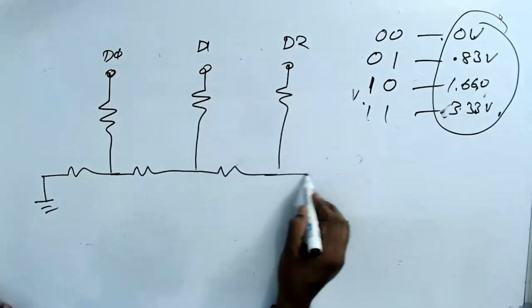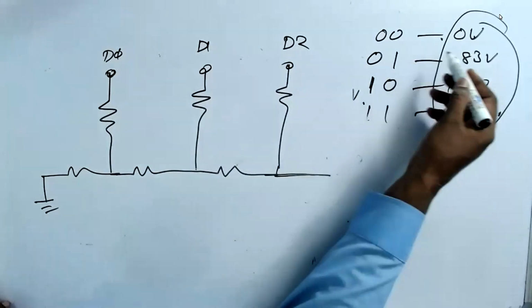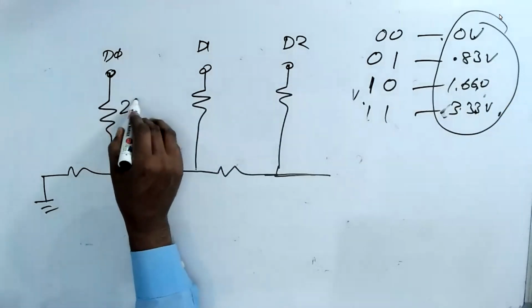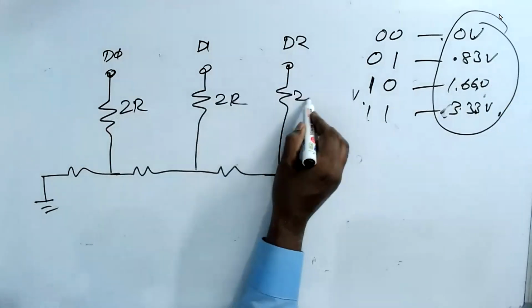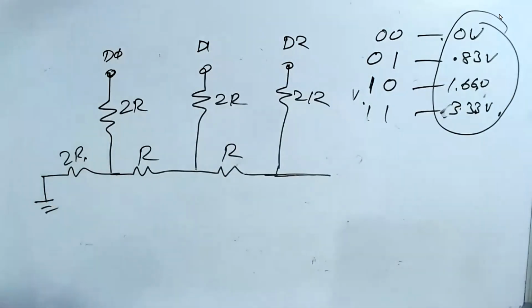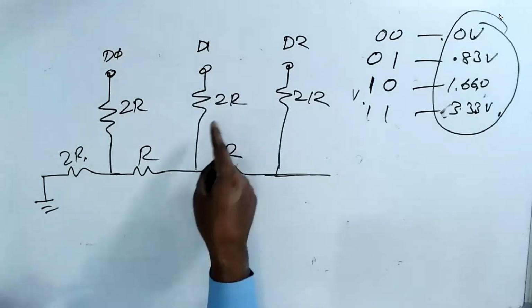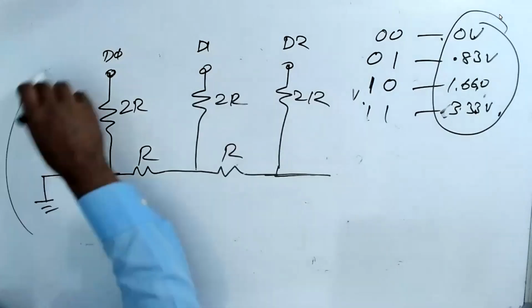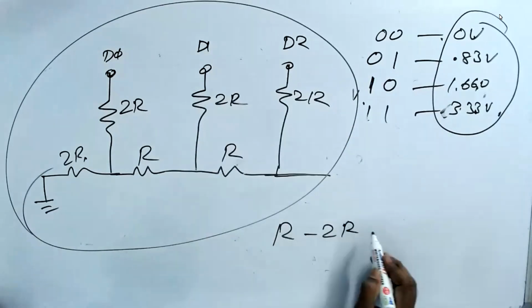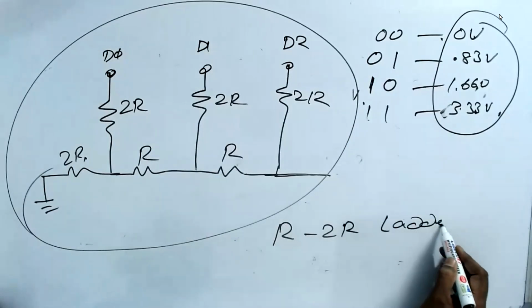If you analyze, you will get here 8 voltage levels. So these resistors are 2R, and these resistors are R. Only this one is 2R. So if you see that, this is called R, 2R ladder network.